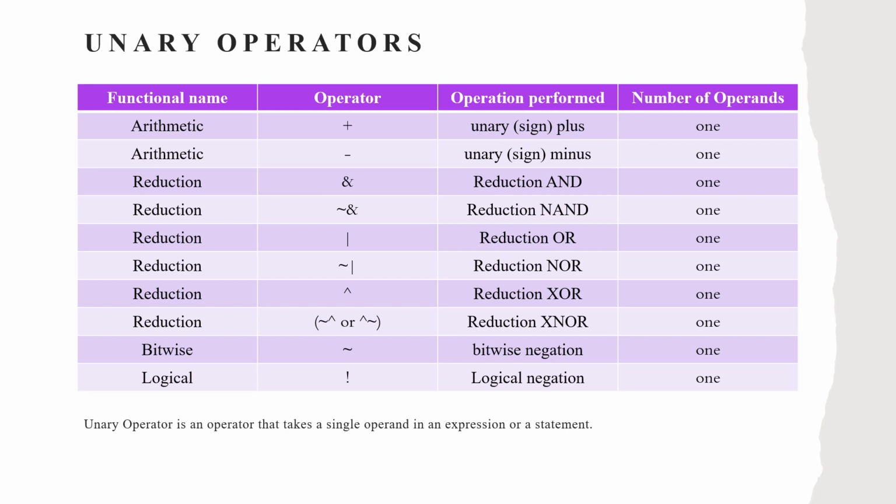My next topic is unary operators. A unary operator is an operator that takes a single operand in an expression or a statement. Two arithmetic operations are unary: unary plus and unary minus.